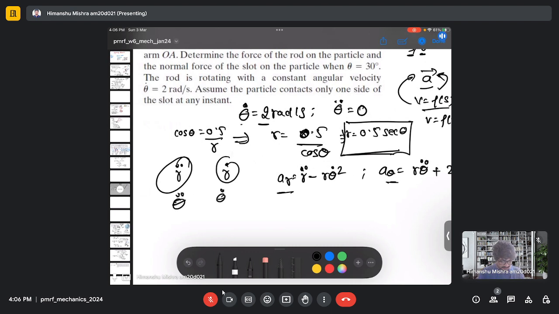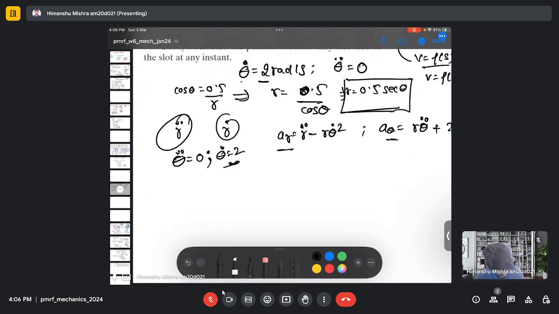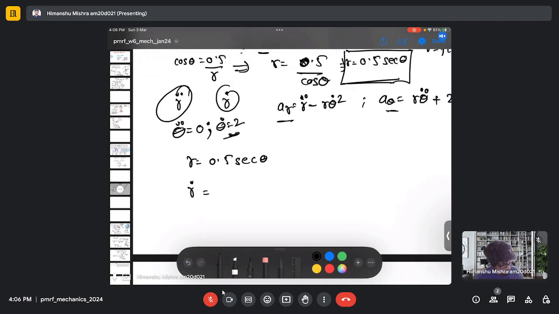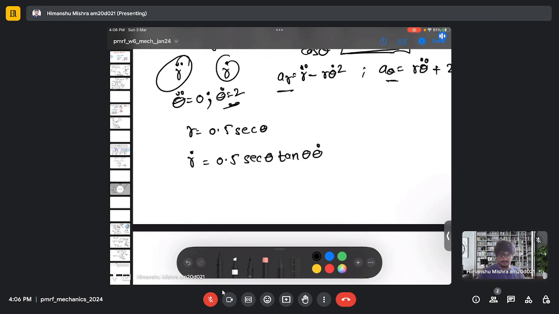We are given theta dot as 2, which means it's a constant, and if you take the derivative of it, you will get theta double dot, which is 0. And you have r, which is 0.5 sec theta. If you take the derivative of it, you will have r dot equals 0.5 sec theta tan theta theta dot. And if you take the double derivative of it, you will have r double dot.